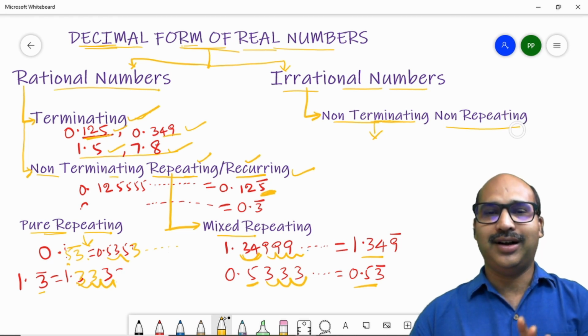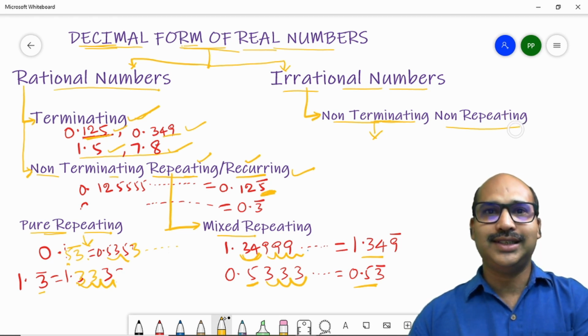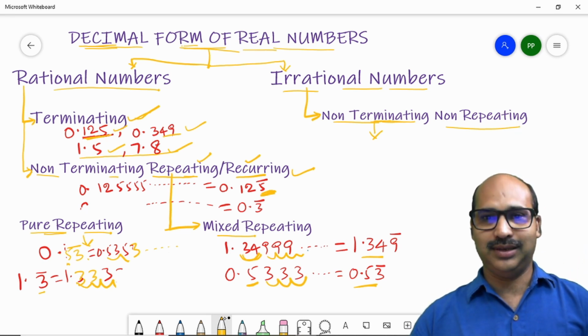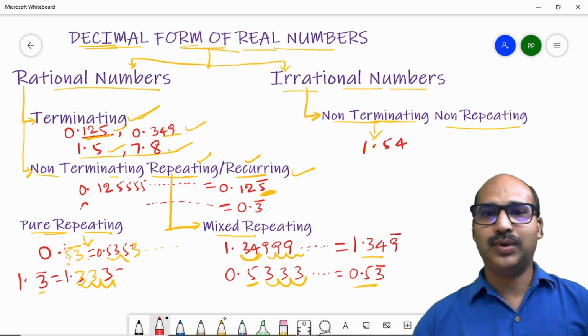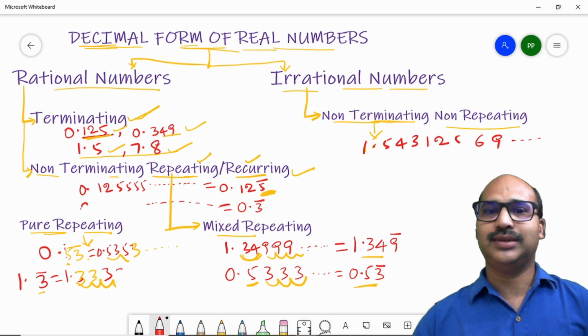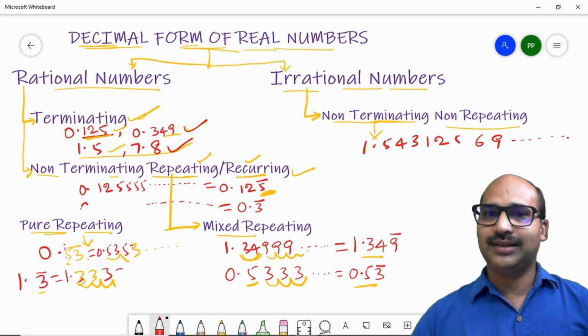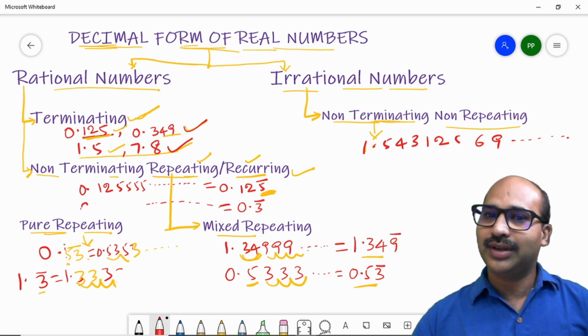So that means after the decimal, digits will not have any particular format. Non-repeating. For example, you can see here 1.5431256 9 and so on. This is non-terminating and also non-repeating.